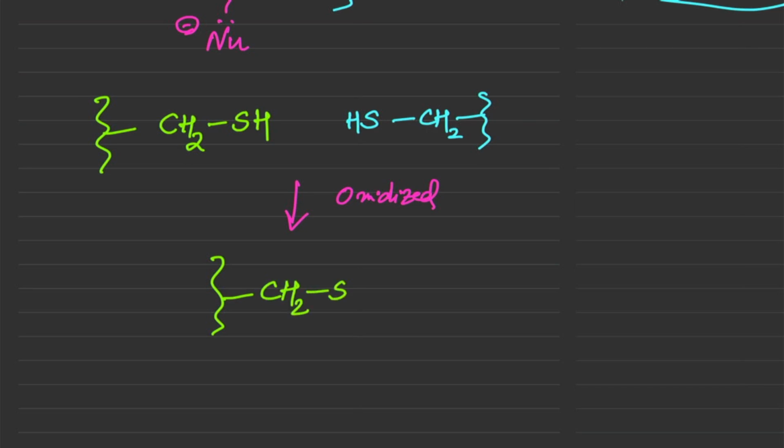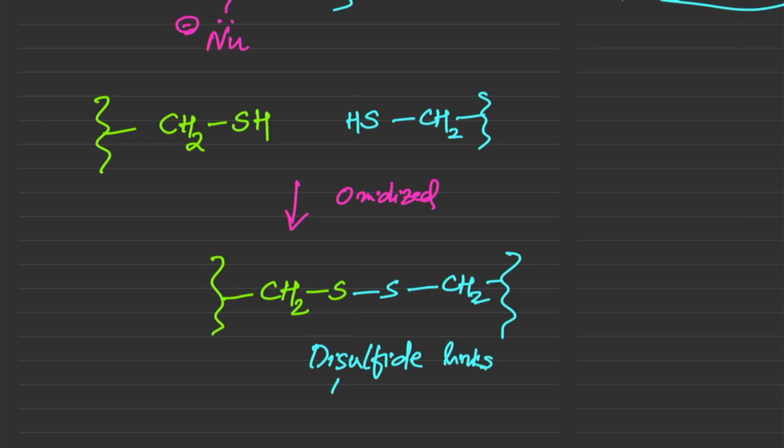We'll go over this in detail in our biochemistry lectures, but I'm just saying this for now. All right, so this is our oxidation reaction to make a disulfide linkage. So this is the disulfide link between two cysteines. Okay, so this was cysteine.